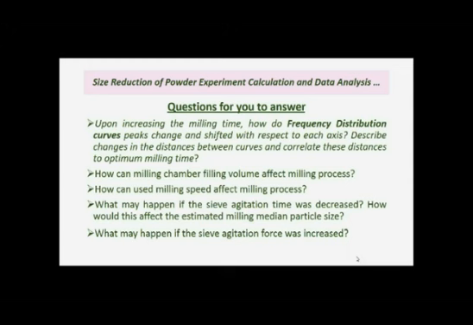What may happen if the sieve agitation time was decreased? How would this affect the estimated milling median particle sizes? Simply, if the sieve's agitation time was decreased, there will not be enough time for particles to be classified, and some particles, despite the fact they have small particle size, will remain in the upper sieves.